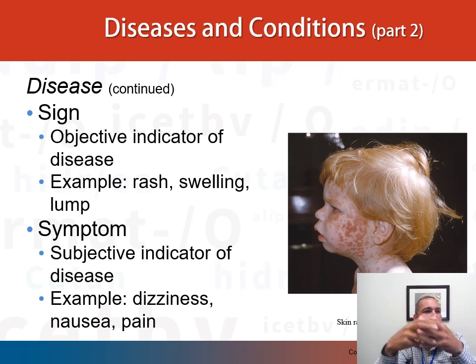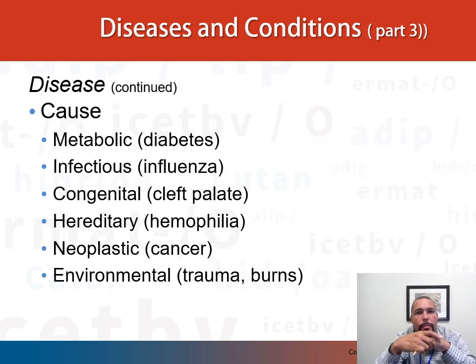So if we were to look at Billy here on our screen, what you see would be the sign, right? That's your objective. Now, if Bailey says, "Oh, I am so itchy," that would be your symptom. Your cause can be metabolic, infectious, congenital, hereditary, neoplastic, or just environment, trauma-based, burns, mosquito bite, and so on and so forth.